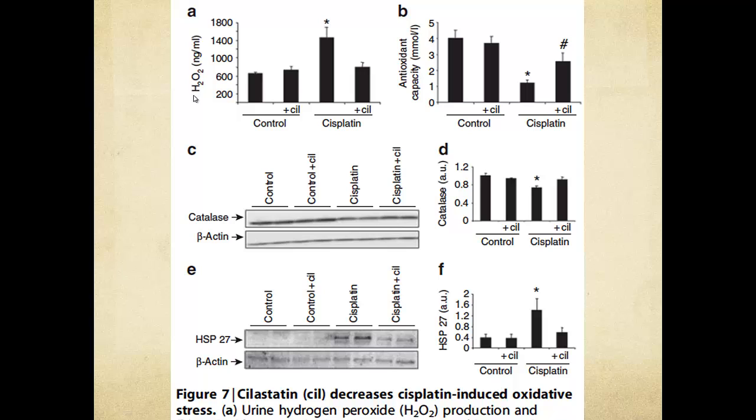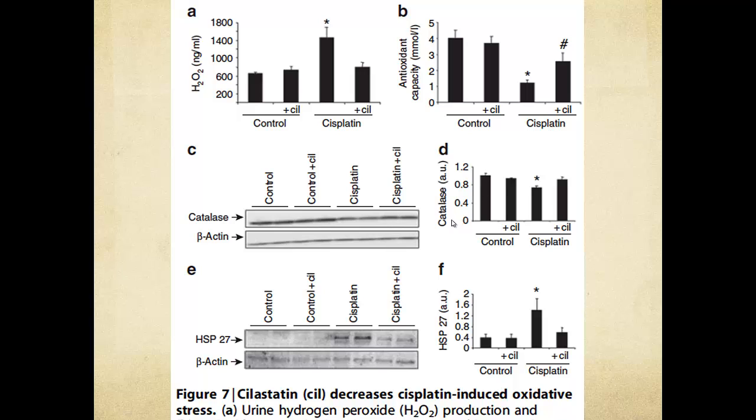H2O2 measurement, which again shows your oxidative stress, more in cisplatin alone and less in rats when cilastatin was combined with cisplatin. The antioxidant activity was improved significantly when cilastatin was combined with cisplatin, as you can see here.